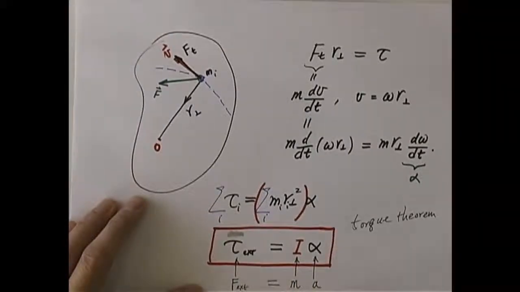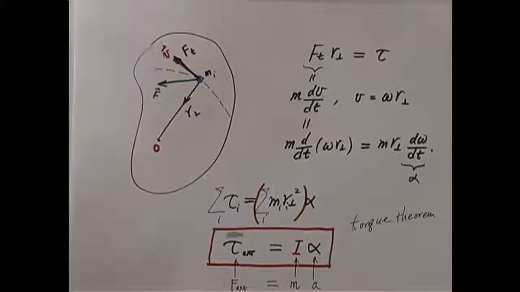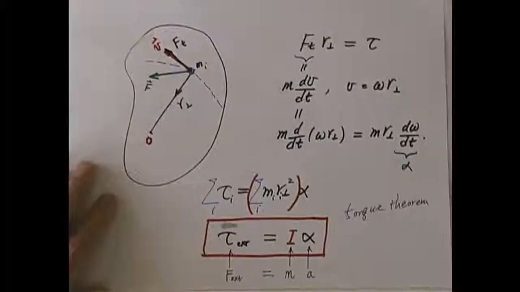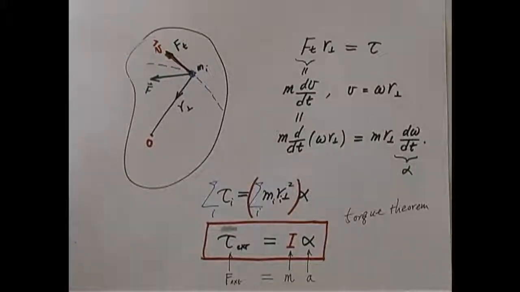Instead of F equals ma, I have torque equals I alpha. And this is the perfect extension of the analogy that we started out from kinematics. You look at the analogy between one-dimensional translational motion and fixed axis rotation. I have torque equals I alpha to replace F equals ma.